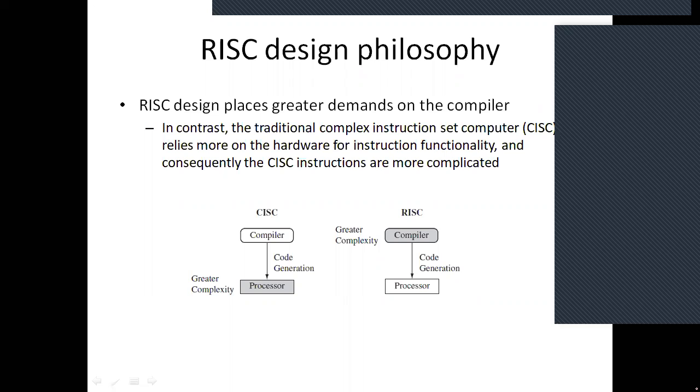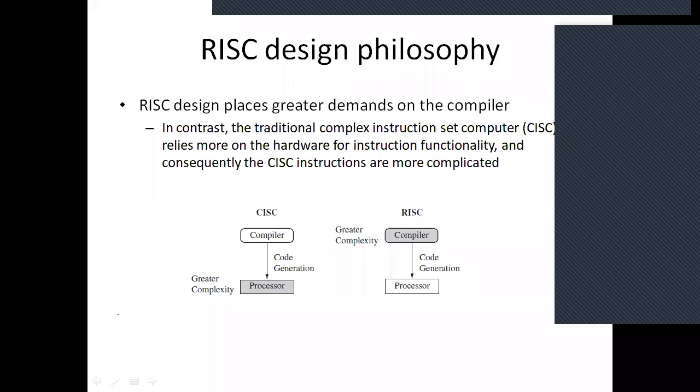In the case of a CISC system, we have more complex instructions and a large instruction set, which reduces the design complexity of a compiler. Whereas in the RISC system, we have limited instructions, so it demands a more complex compiler. This is the important point you have to remember.